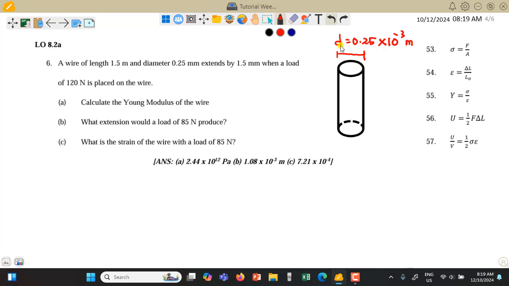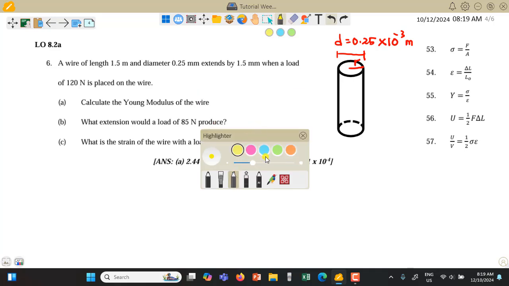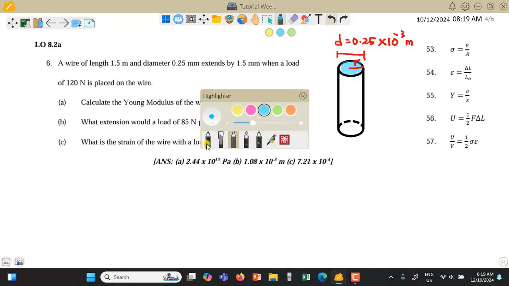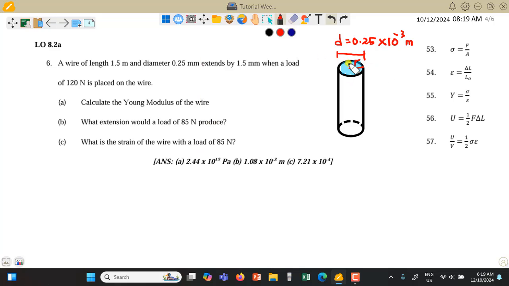From the diameter, we can calculate the radius of the wire, and then the cross-sectional area of the wire, which can be calculated by taking pi multiplied with radius squared.